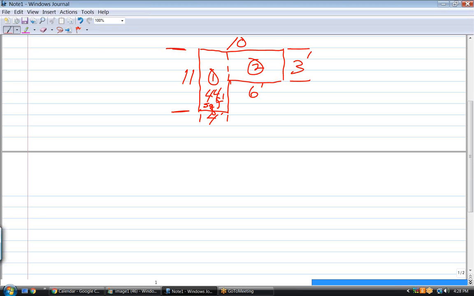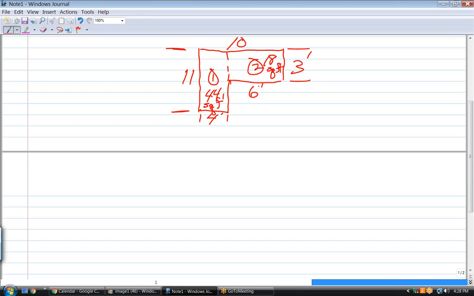What's the area of rectangle number 2? 6 times 3, 18. Or just base times height, the area of a rectangle.